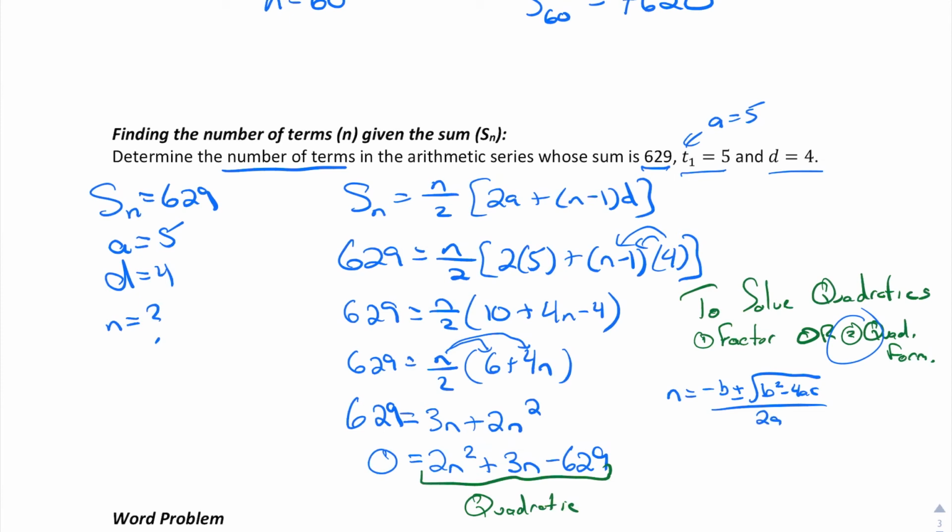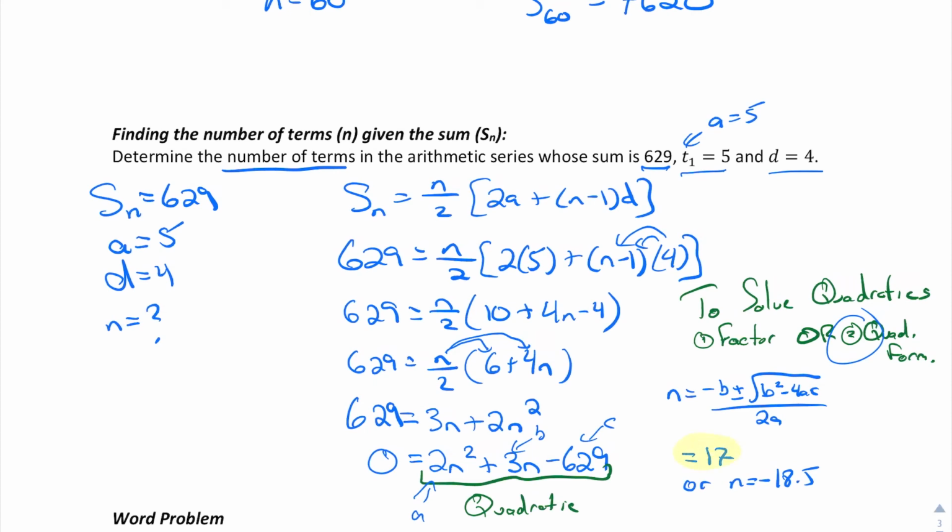So we've basically got n equals negative b plus or minus the square root of b squared minus 4ac, all over 2a, like that. So I'm going to give you the answers rather than go through the whole process of subbing in and solving. But basically this is a, b, and c. So hopefully you remember that stuff.